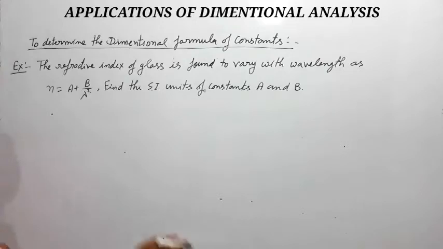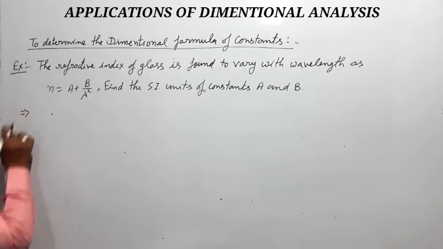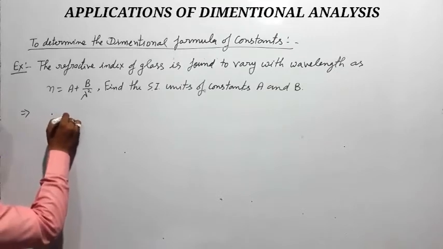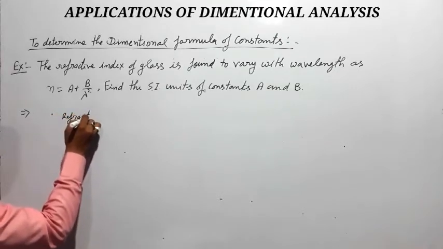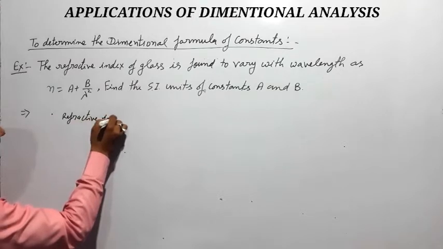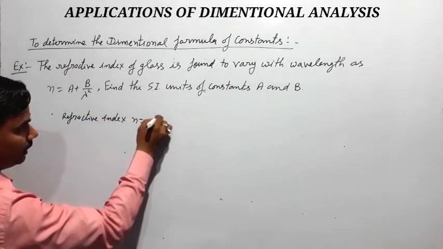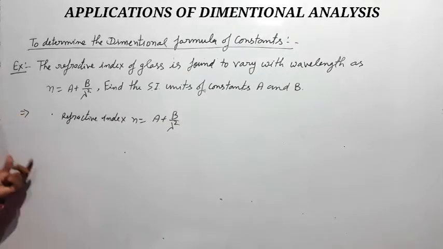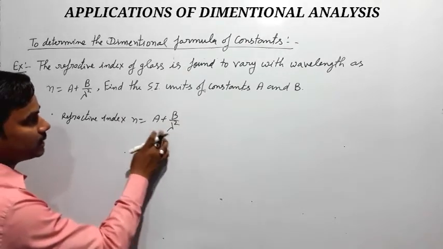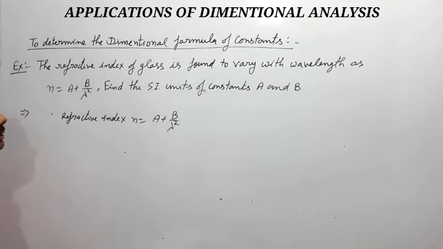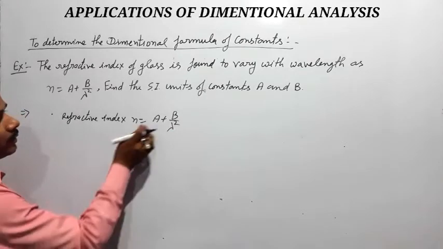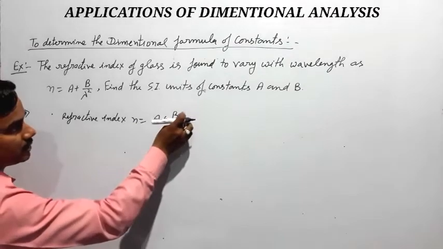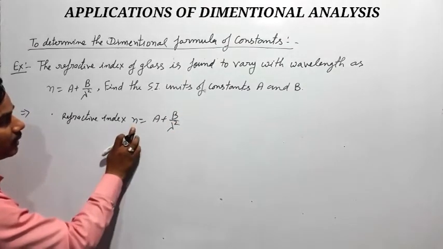Here the refractive index is given by a + b/λ², and according to the principle of homogeneity, all these three terms must have the same dimensions. So we can say that the dimension of a equals the dimension of n, and the dimension of b/λ² equals the dimension of n.